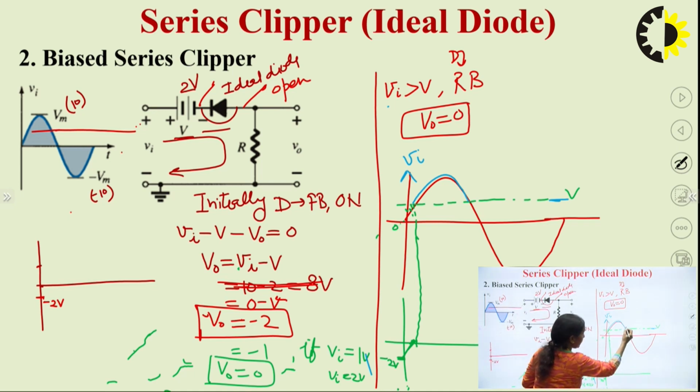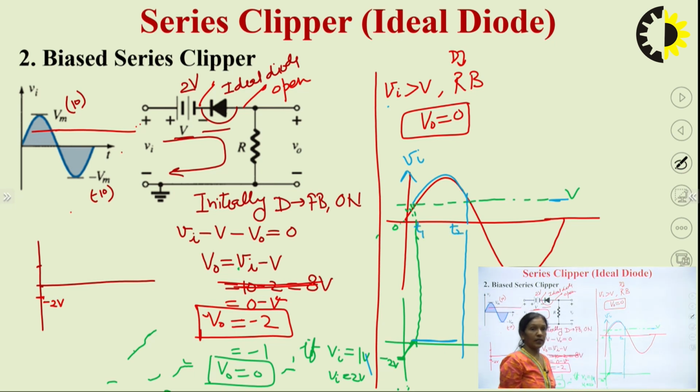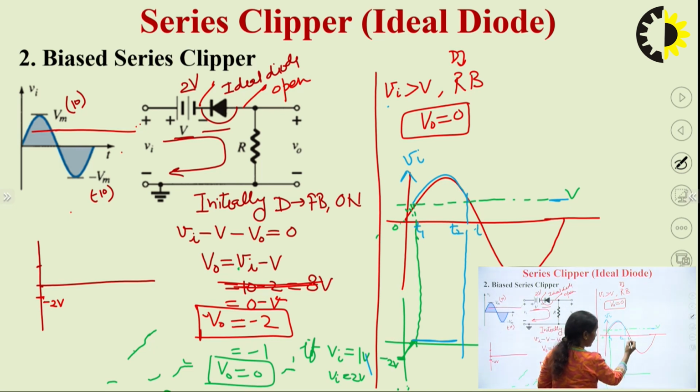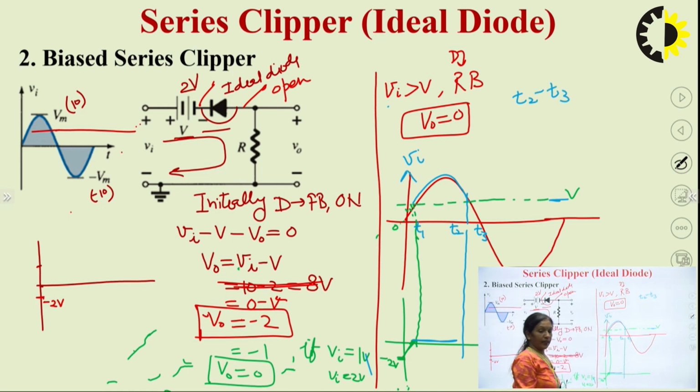So, your output will be equal to 0. So, output is 0. Kab tak? T1 to T2. And after that, again during the time period T2 to T3.